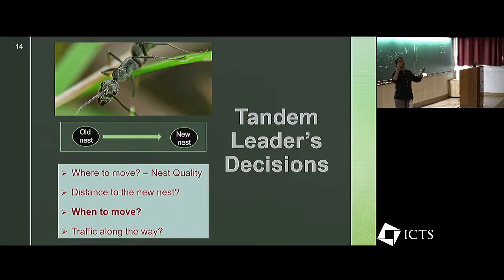Or there can be 2 nests which are identical quality, right? What is it that they choose? So both of these parameters we have studied in the lab. So I'll be happy to tell you what exactly happens. The answer is that they seem to take the poor quality nest which is closer to begin with. And after waiting for about a day, then they shift into the other one, when the distance becomes closer as well.